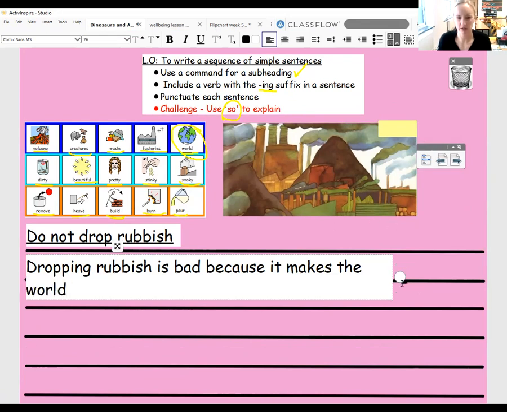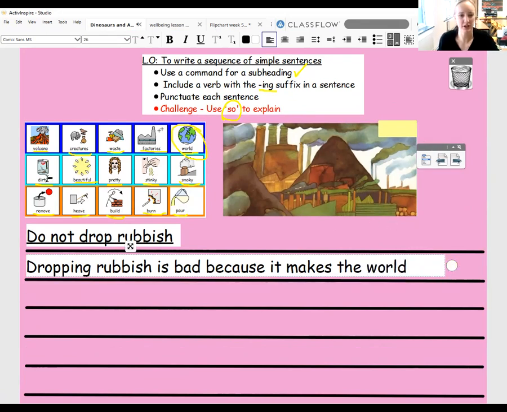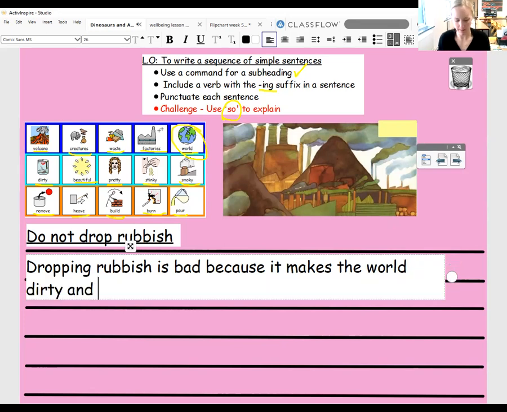Makes the world. What about dirty? Dirty and messy. M-E-S-S-Y, messy. Brilliant. So straight away here, look, I've got my ing suffixed verb in my sentence. Right, dropping rubbish is bad because it makes the world dirty and messy.